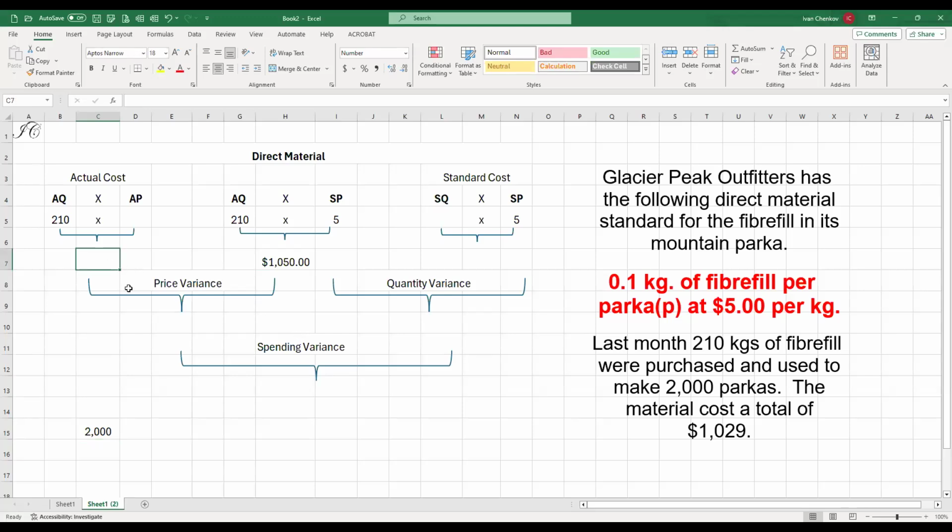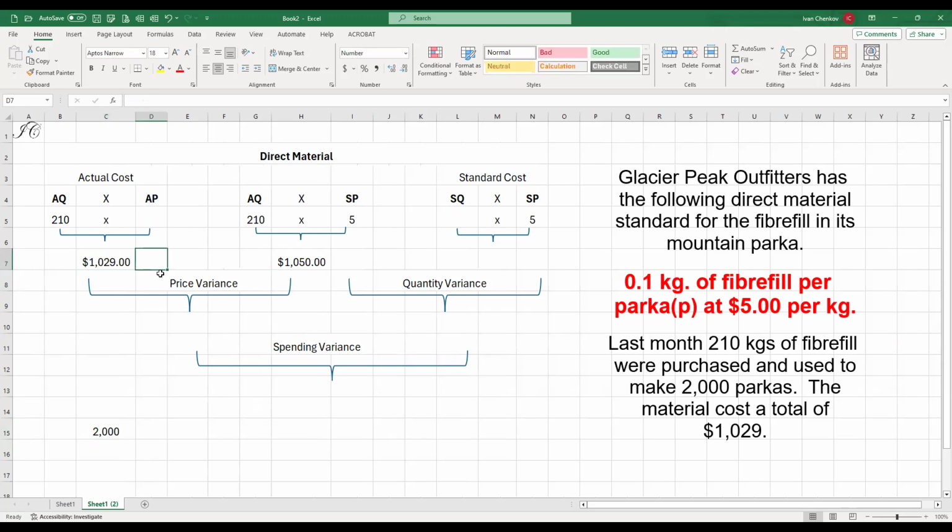So the actual total cost, which is quantity times price, is $1,029. Once I have the total cost, can I calculate my actual price? Yes. That will be the total cost divided by the actual quantity. My actual price in this case will be $4.90.